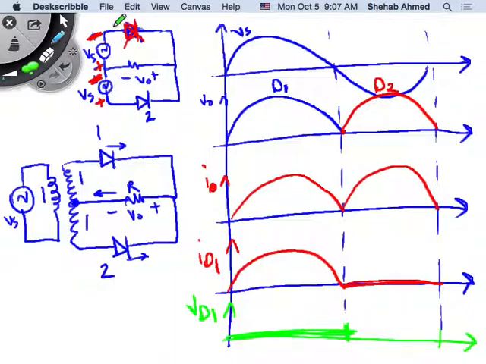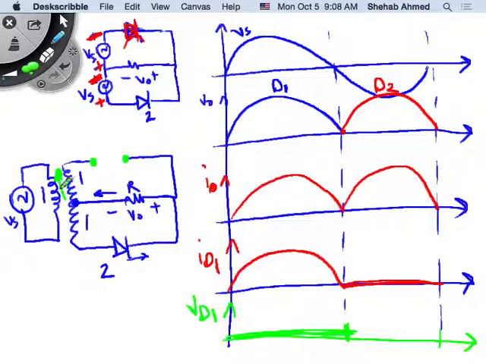Now in the negative half cycle, it's an open circuit. Not so fast. Let's open this up, and we're trying to find the voltage here. So remember, I have a V source here. Is this here or not?